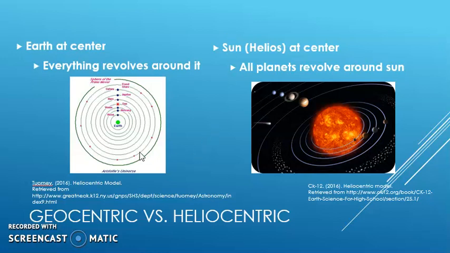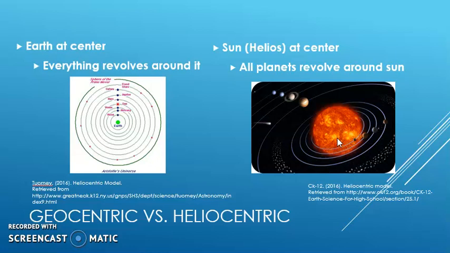The geocentric model of the universe has the Earth, the geo, in the middle with everything revolving around it. However, that's not really what the universe looks like. The heliocentric model, helios is sun, has the sun in the center with all of the planets revolving around the sun.